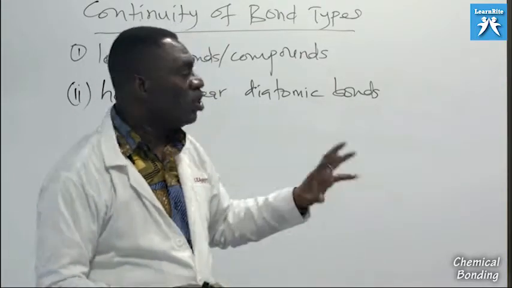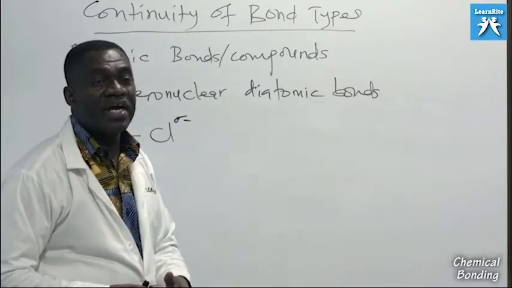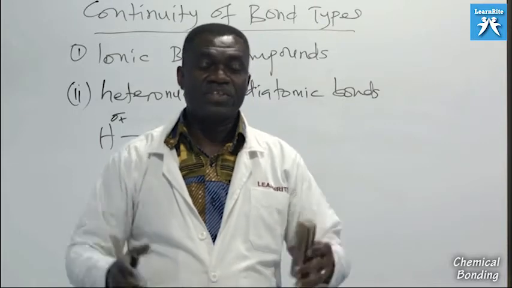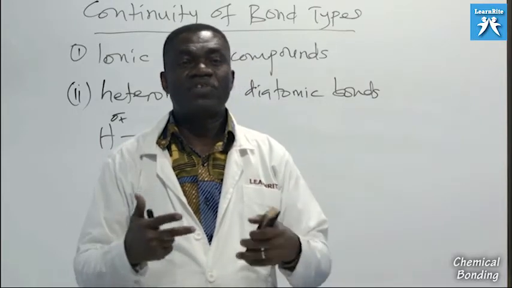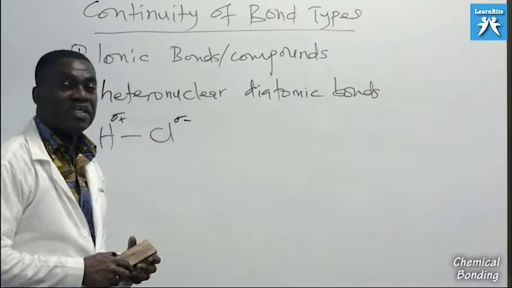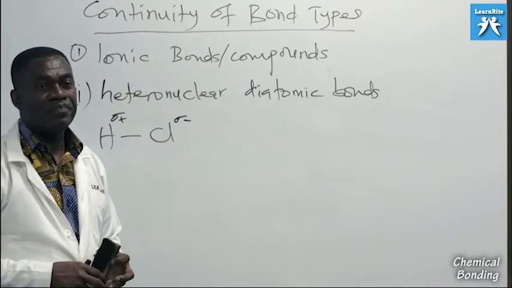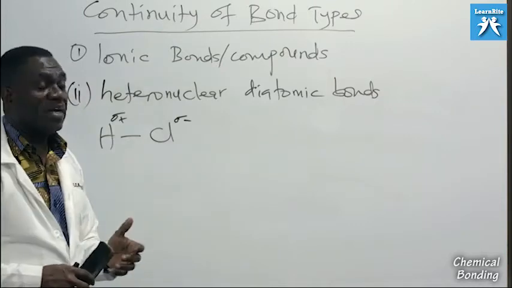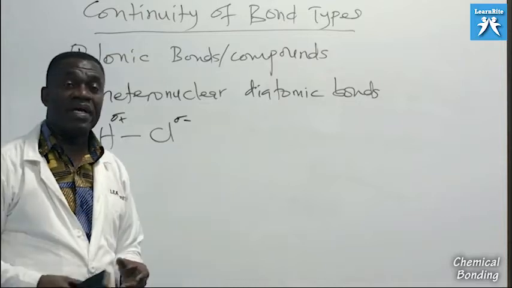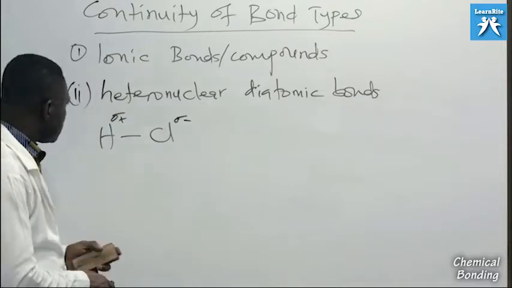And so this covalent bond can never be 100% covalent because of the separation of charges. Some electrostatic force of attraction will be introduced in there, so the bond can never be 100% covalent, because of the separation of charges or separation of electron clouds.